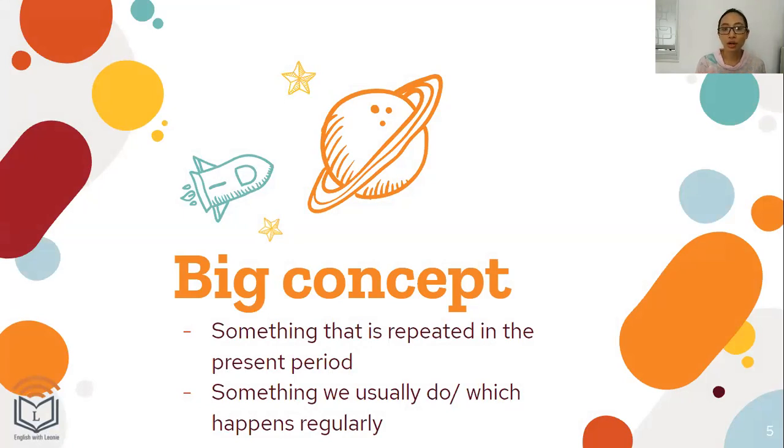You do not only do it once, but you do it several times. Okay? Or it can also be understood as something that we usually do or which happens regularly. That is routines or habits.